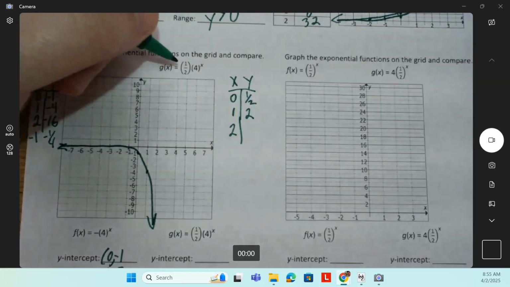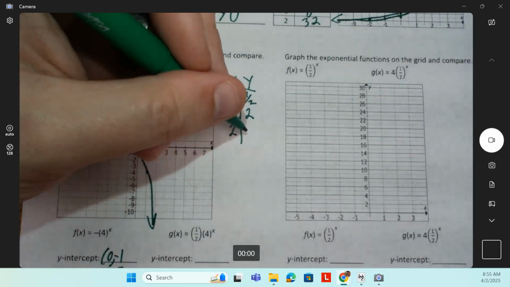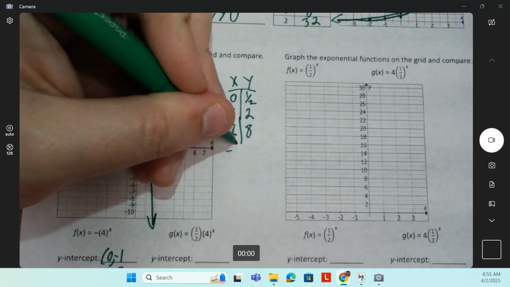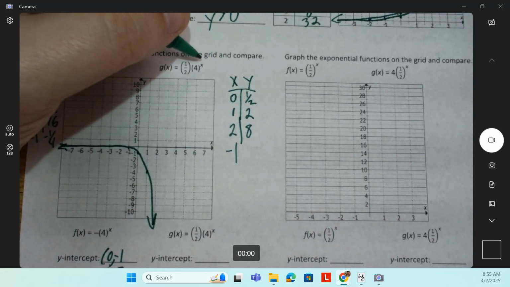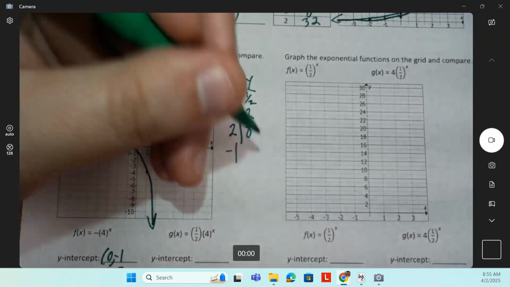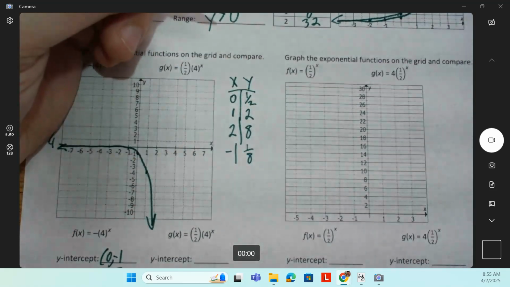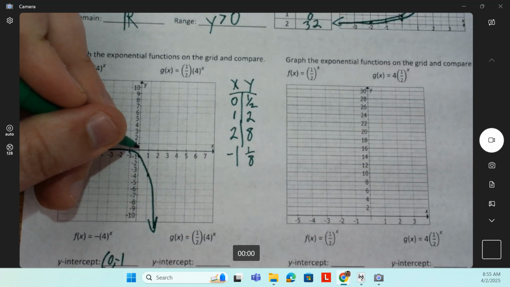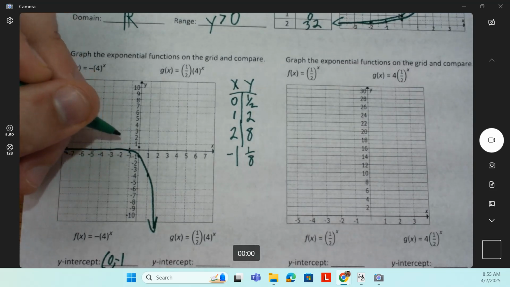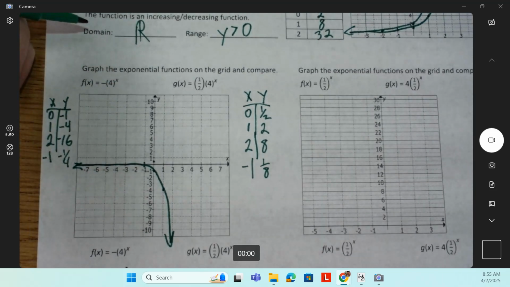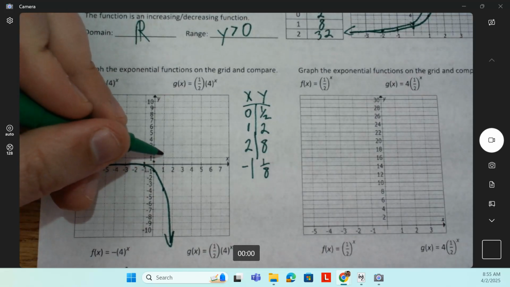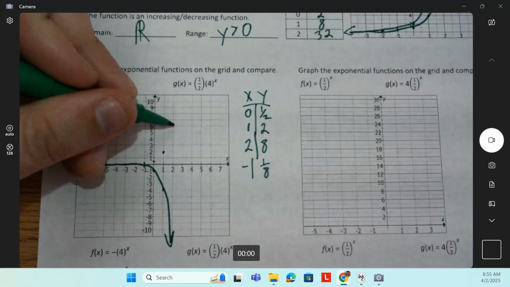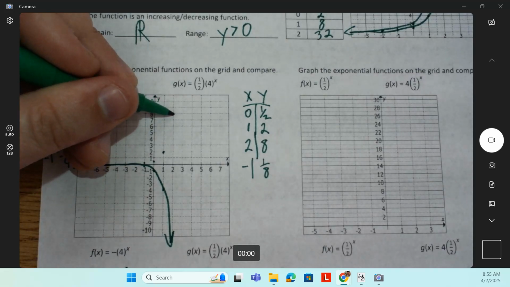And at 2, it'd be 16, and half of 16 would be 8. Then when I get to -1, it's 1/2 of a 4th, which would be 1/8. So graphing that on here, 0's at 1/2, then we're at 1/8 there. At 1, it's up to 2, and at 2, it's up to 8.